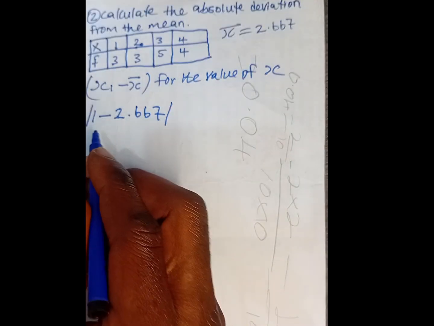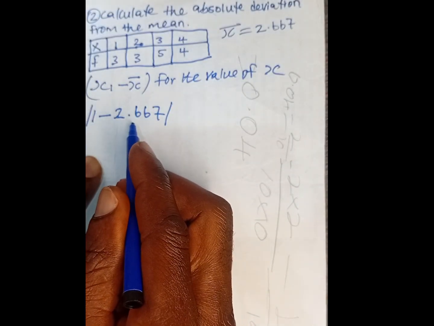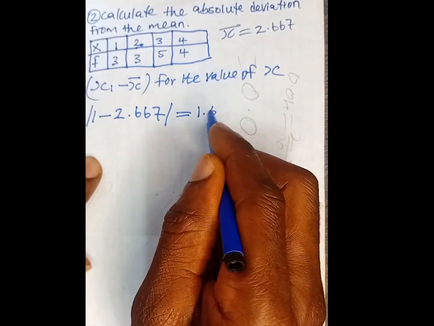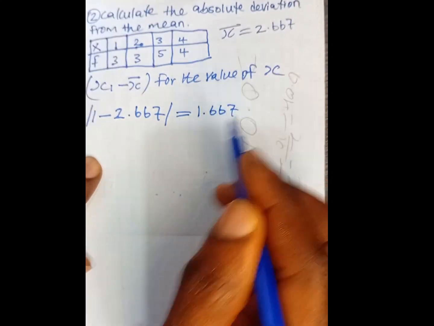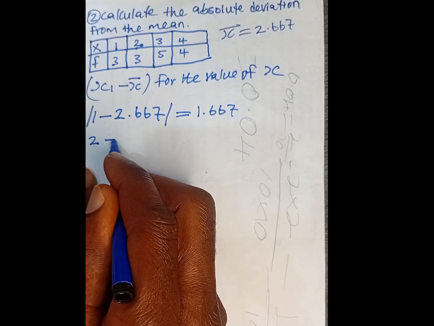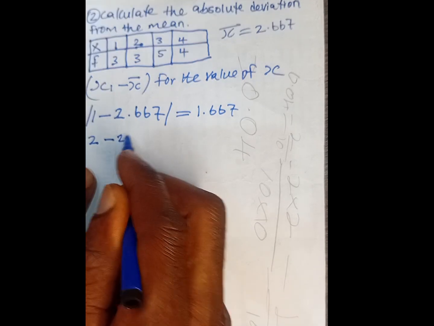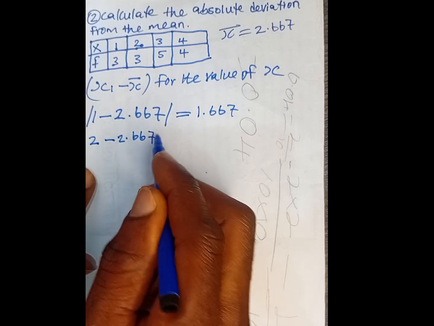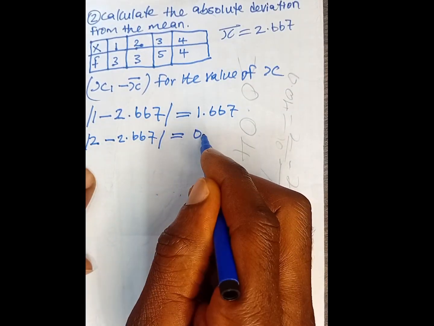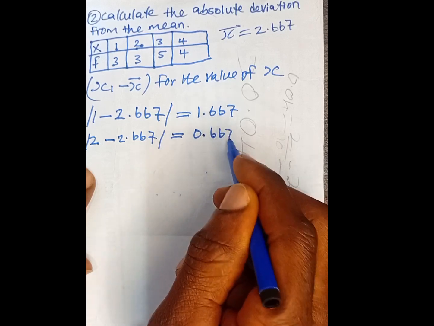If you subtract 1 from 2.667, we have 1.667. The next value is 2 minus 2.667, which will give us 0.667.